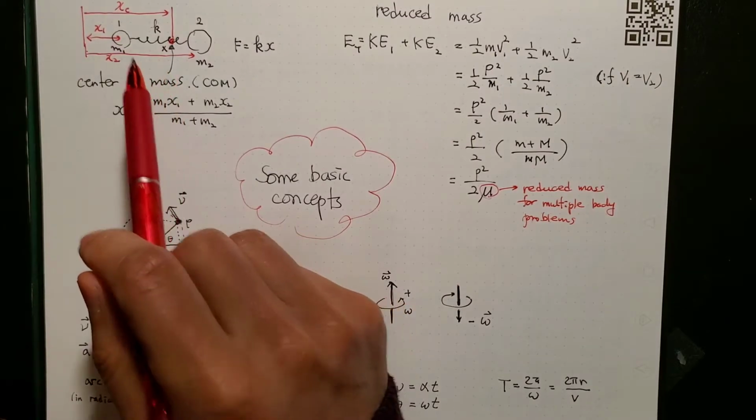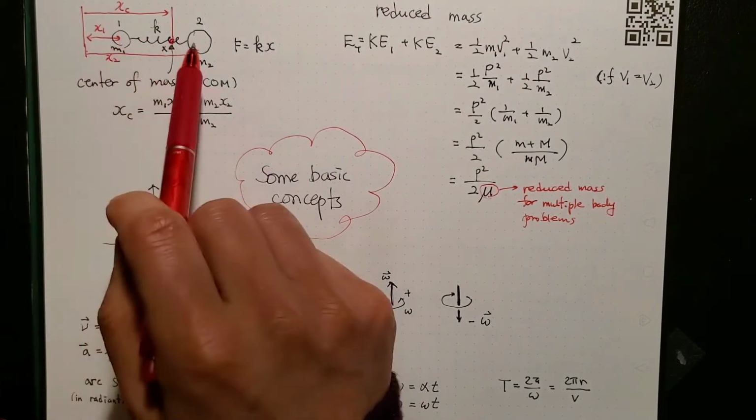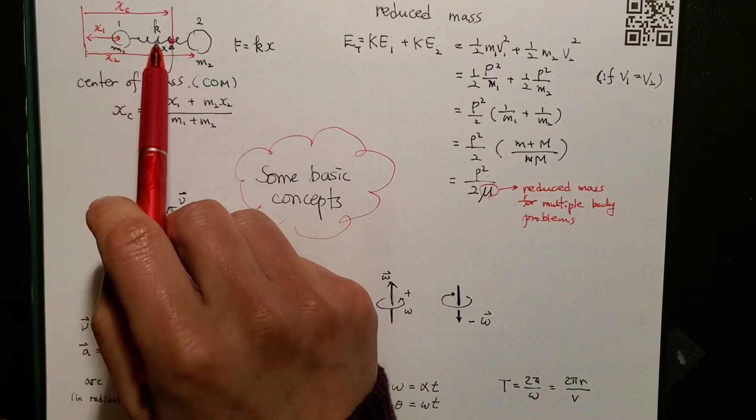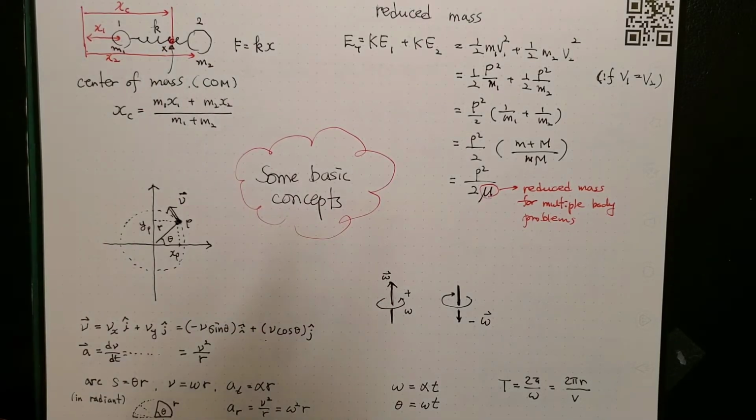By just looking at it, you have a lighter and a heavier object connected. So probably the center of mass is not in the middle of the bond, but more toward the heavier one.